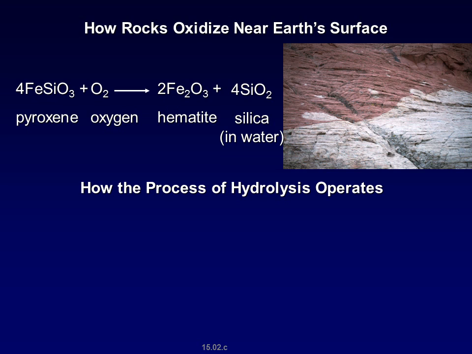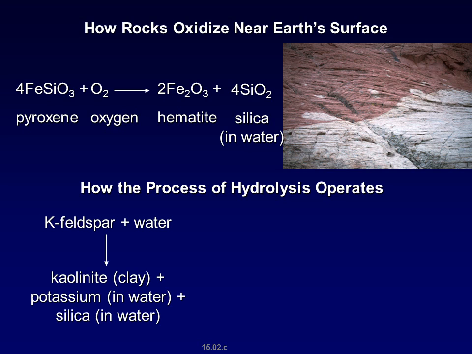Okay, how does the process of hydrolysis operate? Well, we're breaking down feldspars and turning them into clay. Okay, so we're chemically weathering these rocks, and potassium feldspar, this K feldspar, is very common in granites in particular.